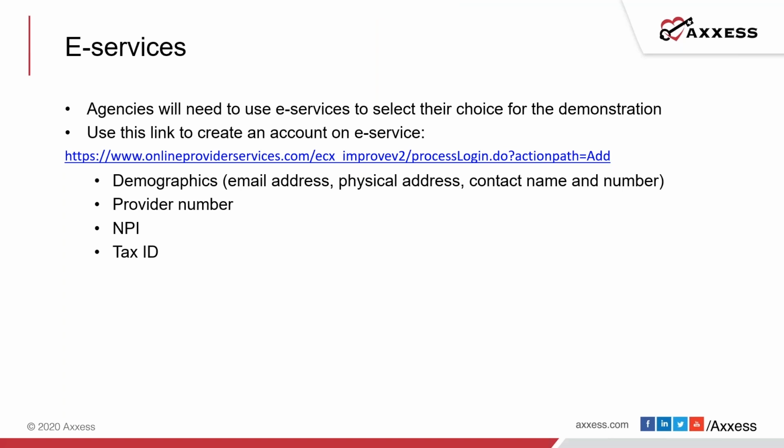So if the agency does not currently have e-services and e-services login, they'll need to go to the online provider services link given by Palmetto to access e-services. And when you do that, you'll need to have your email address, your physical address, and a contact name and number to sign up for that service. You'll also need your provider number, your MPI number, and your tax ID.